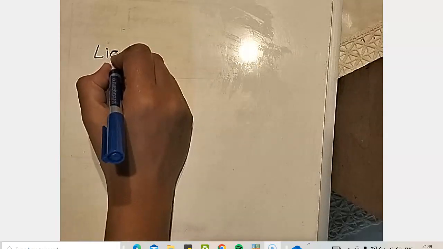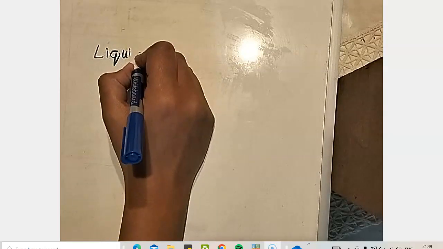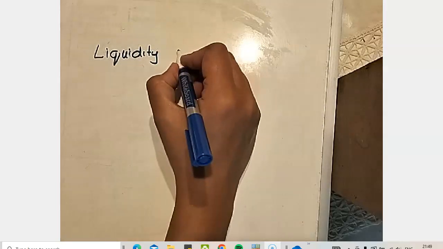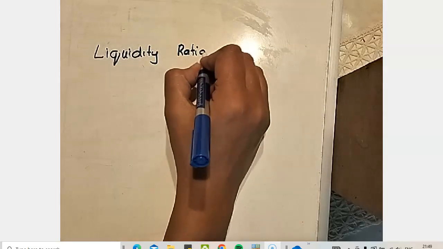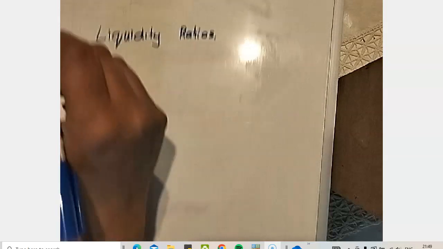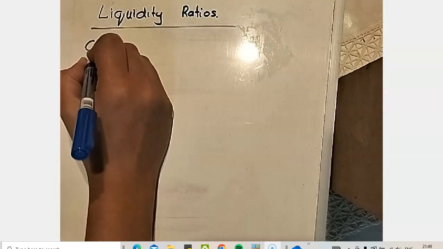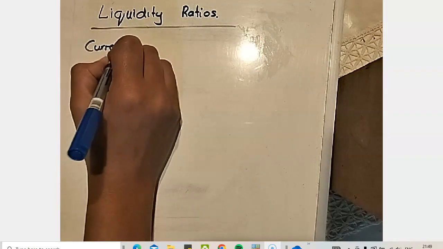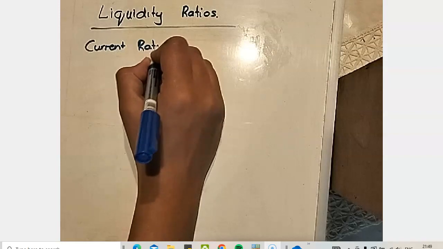The next section we will look at the liquidity ratios. Okay, so liquidity ratios consist of the following. It consists of your current ratio.